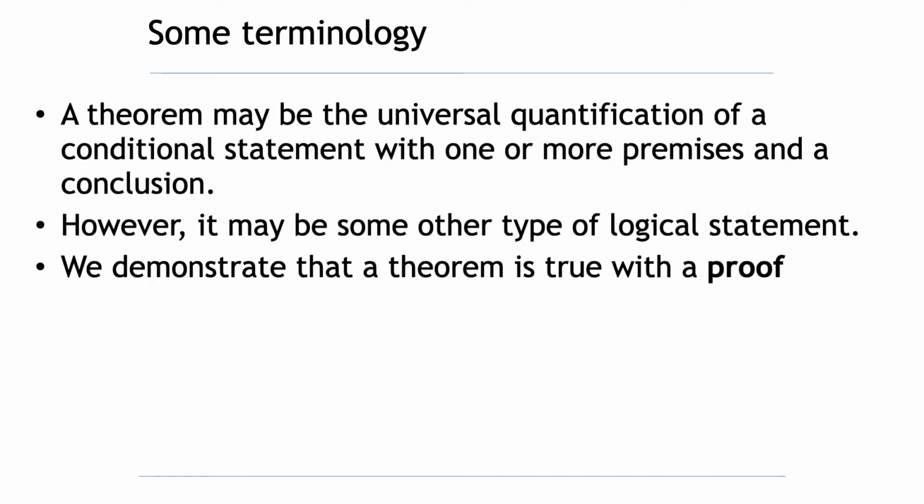A theorem may be the universal quantification of a conditional statement. These statements can have one premise or more, and it always has a conclusion. However, it may be some other type of logical statement. The way that we demonstrate that the theorem is true is with a proof. Remember, we already saw how to create formal proofs.